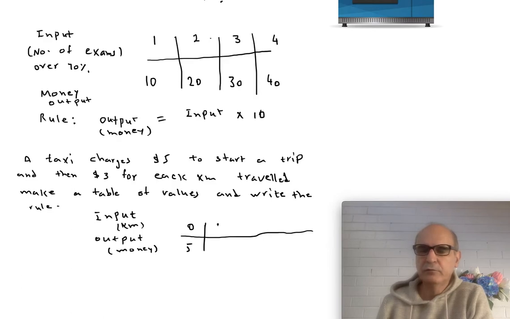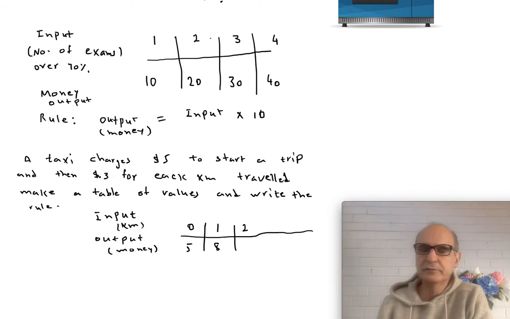You travel for 1 kilometer, then you're going to pay that $5 plus an extra $3, $8. If you travel for 2 kilometers, you're going to pay $5 plus 2 lots of $3, because each kilometer costs you $3.